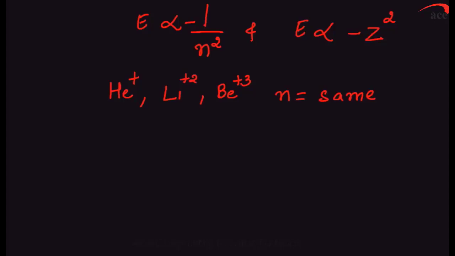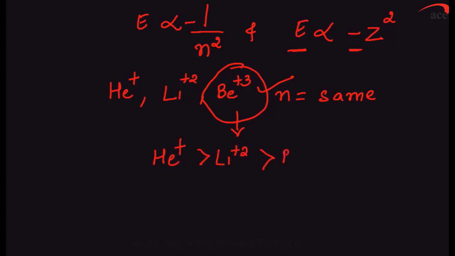So whose atomic number is highest? Correct? So definitely numerical wise energy will be highest for beryllium, but it will be with negative sign. So your answer will be, are you getting this?